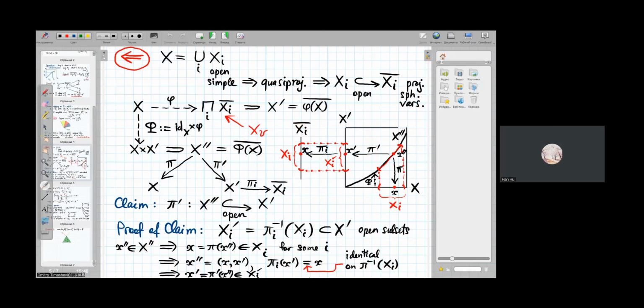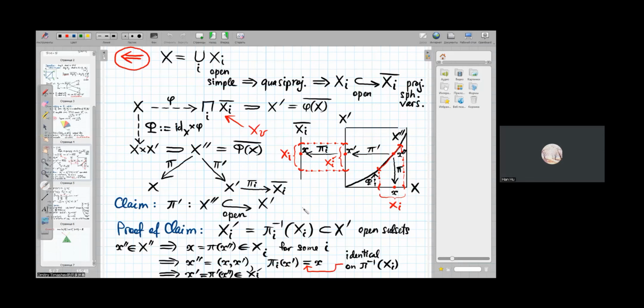So we can compare them. This equation makes sense. And I claim that it identically holds. And it holds on an open dense set, so it holds identically. Exactly. This is the reason.